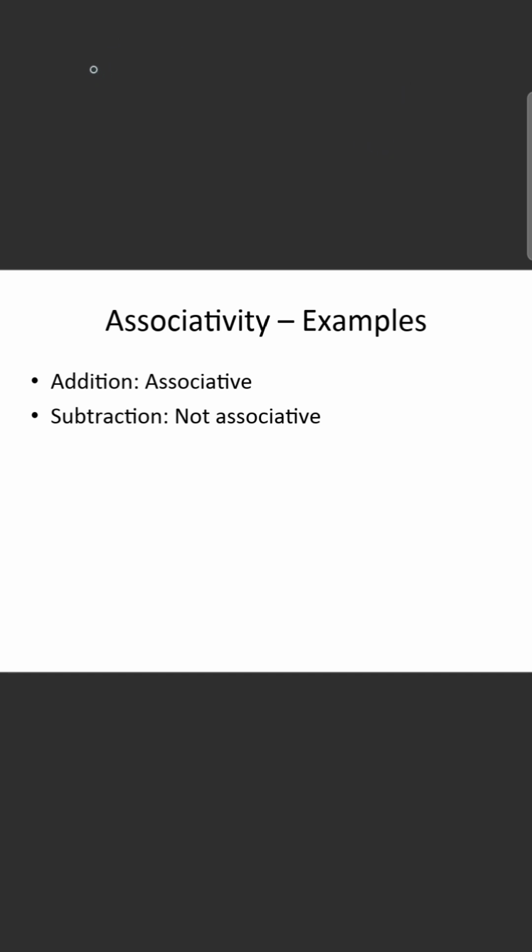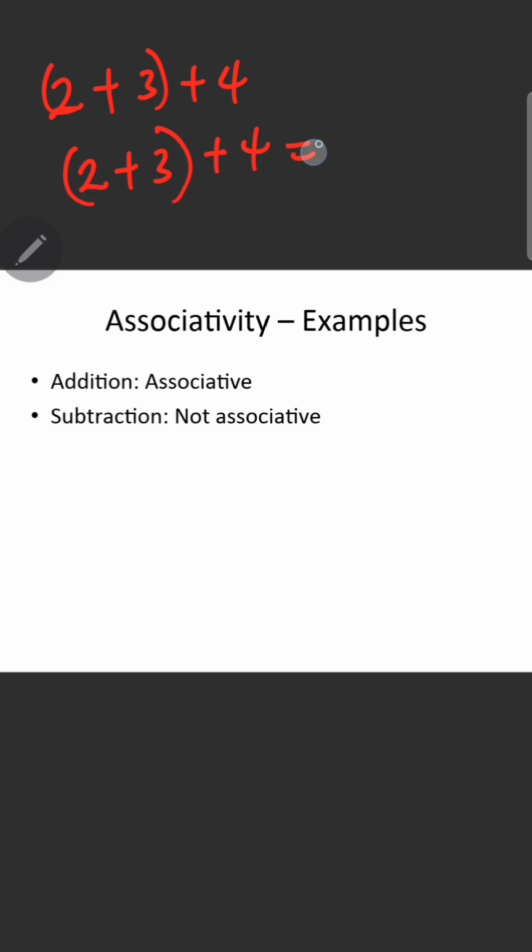What that means is when you have 2 plus 3 plus 4, if you group it like this, 2 plus 3, plus 4, it's still the same thing as 2 plus, when you group 3 plus 4.